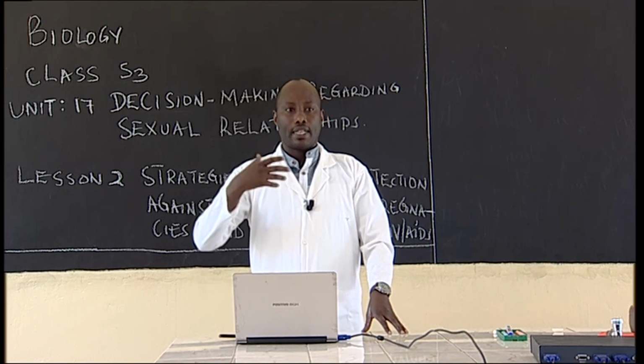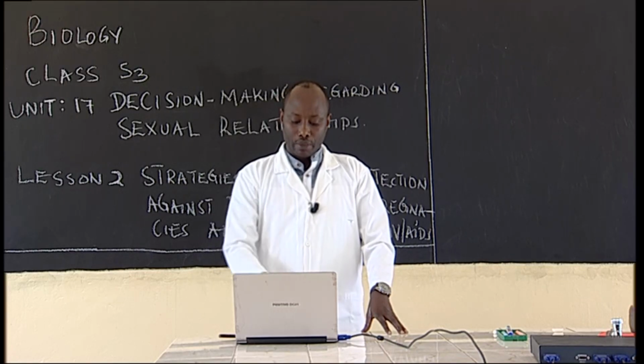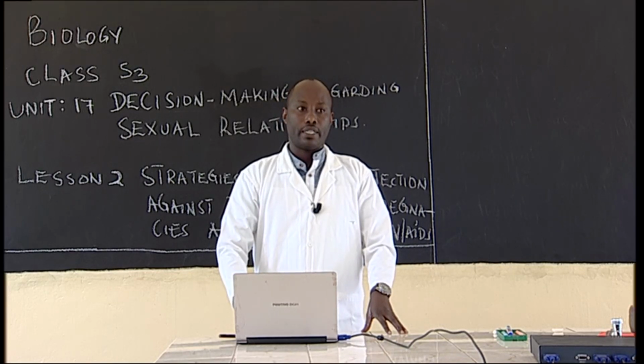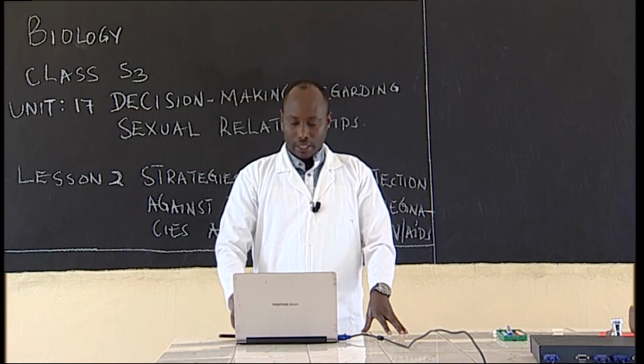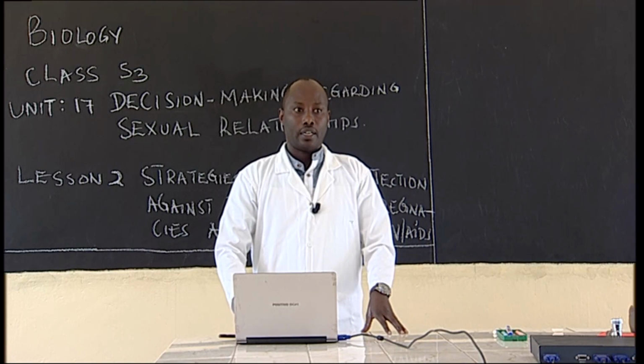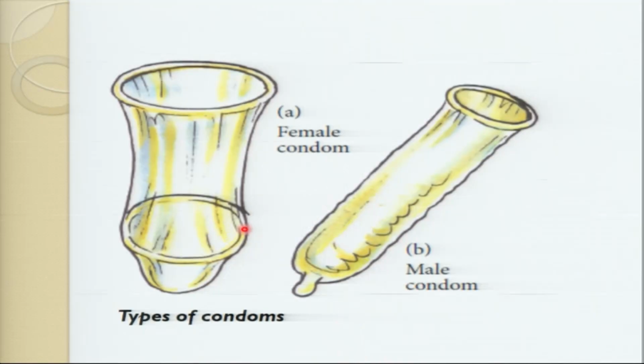Before I start the lesson, I want to show you something so that you can come up with an idea concerning HIV/AIDS. You see the diagrams. What do you see in the diagram? I have diagram A, which is showing a female condom. Take your time.